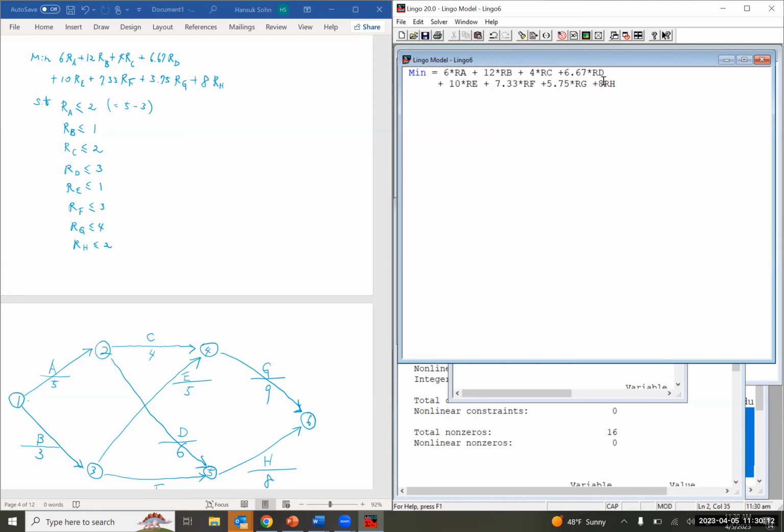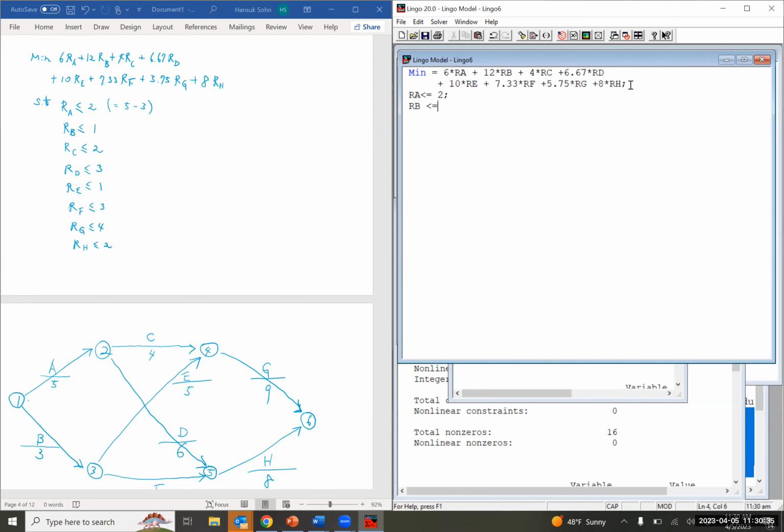Yes. Okay, yeah. And then don't forget semicolon at the end of objective function. And then RA has to be less than or equal to 2.